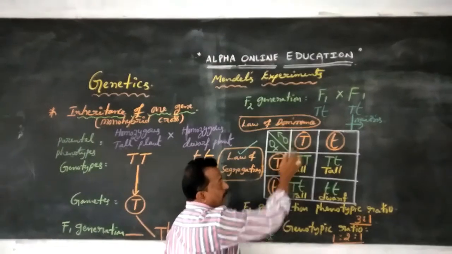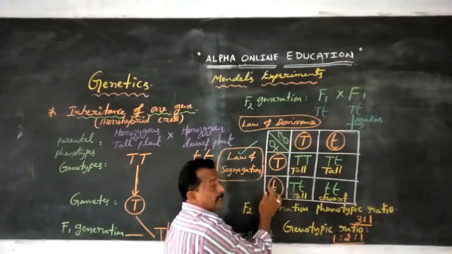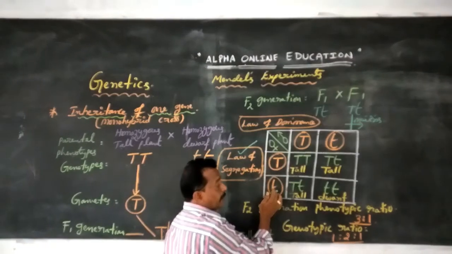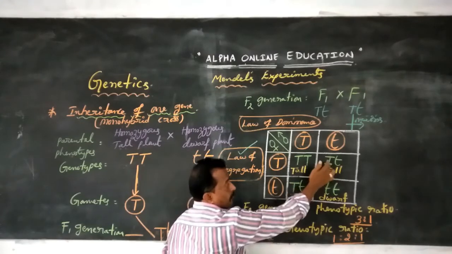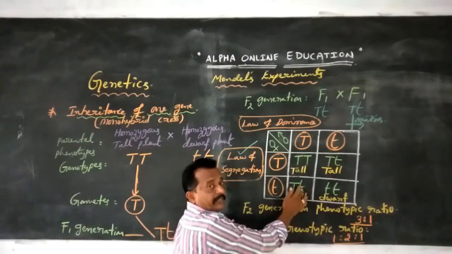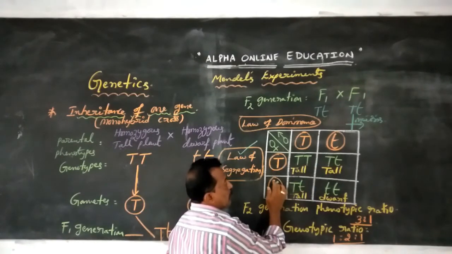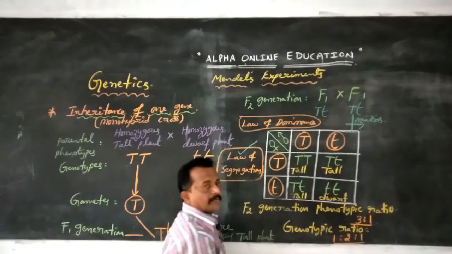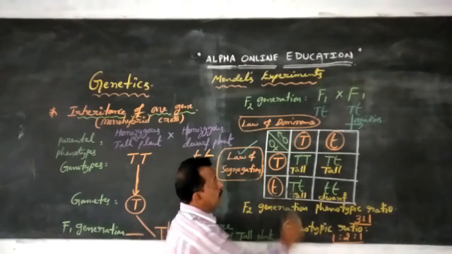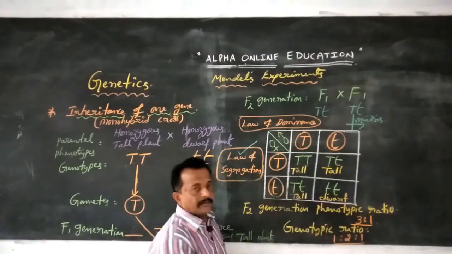Because capital T is always dominant over small t, so students must write capital T first, then small t. Small t crossed with small t results in small t small t. These are the genotypes.